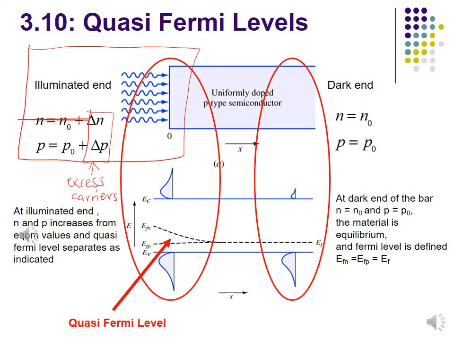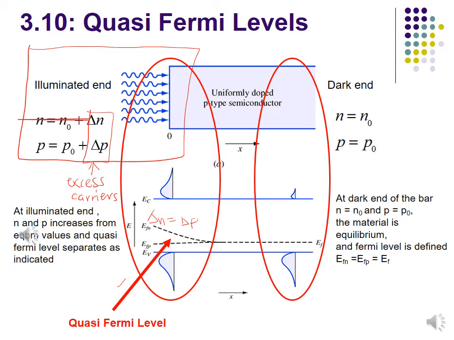Thus, this will result in a split of the Fermi level, and this is what we call the quasi-Fermi level, as shown in this figure. This happens because there is a high electron concentration, and at the same time, there is also a high hole concentration. Thus, the Fermi level will split, becoming EFn and EFp.